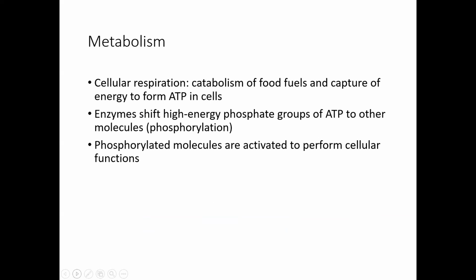In our bodies, we use catabolic reactions to break down the food that we eat and release the energy stored in the food molecules, and we use that to form ATP. We can't take the energy that's found in food and use it directly. You look at a Snickers bar and it says 180 calories.